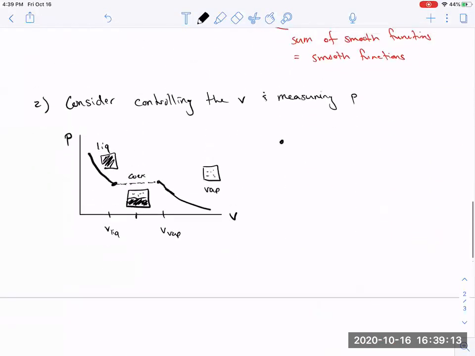That is paradoxical. That tells us that the macroscopic state of the system depends on whether we control the pressure or the volume.